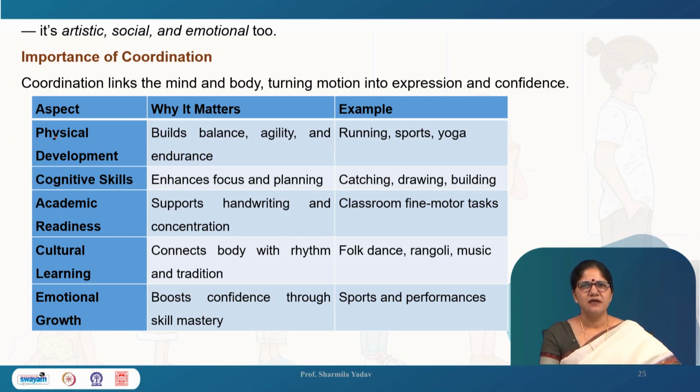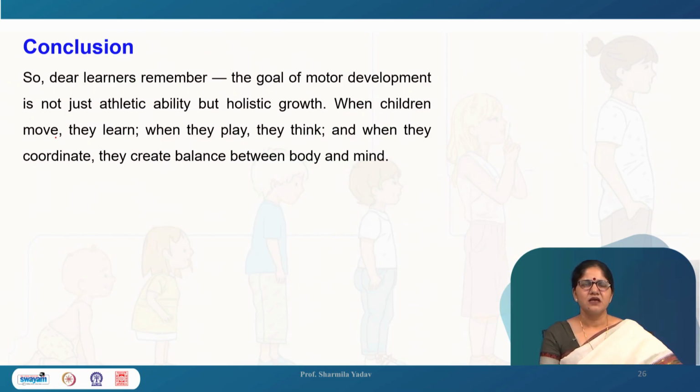Academic readiness: it supports handwriting and concentration. Examples are classroom fine motor tasks, drawing, painting. Cultural learning connects the body with rhythm and tradition: folk dance, rangoli, music. Emotional growth boosts confidence through skill mastery, sports and other performances.